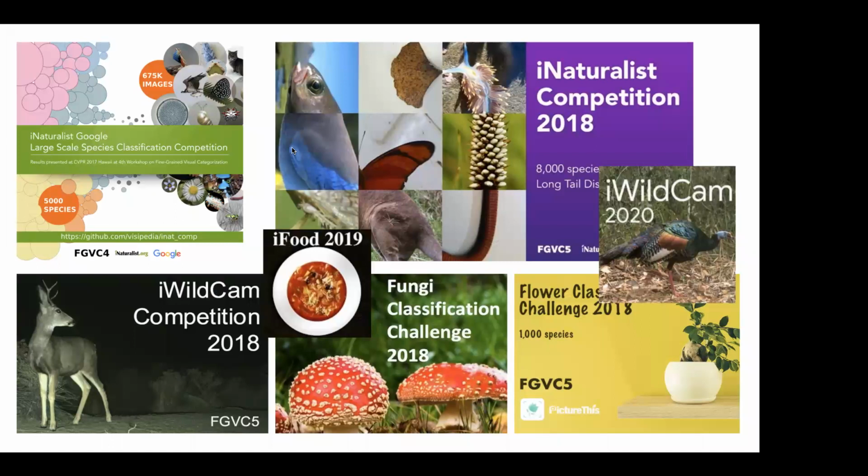I've mentioned at a couple points the FGVC workshop. So the FGVC workshop started around 10 years ago, and it's always attached to CVPR. A few years into it, we decided to launch a set of challenges that involve biodiversity and food and fashion, apparel, and so on.